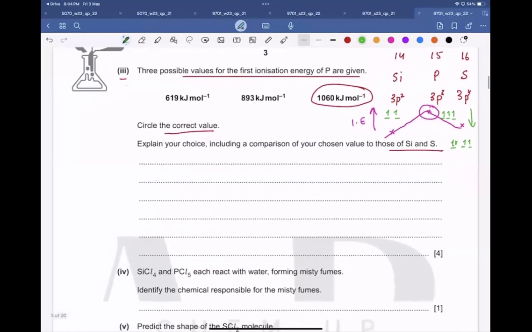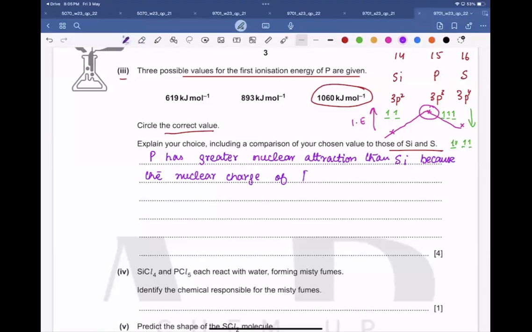So we will start. If we compare phosphorus and silicon, phosphorus has greater nuclear attraction than silicon because the nuclear charge of phosphorus is greater than silicon, right?